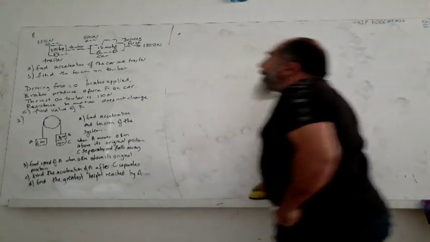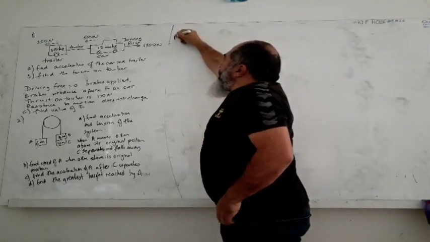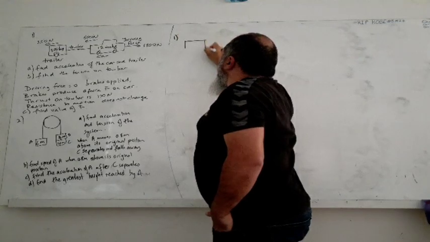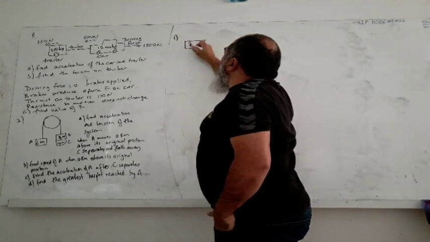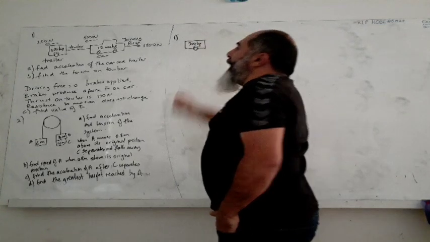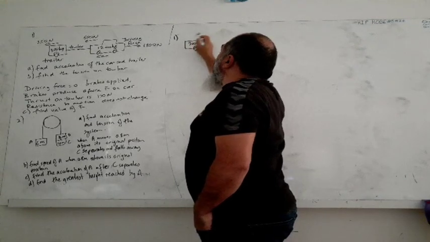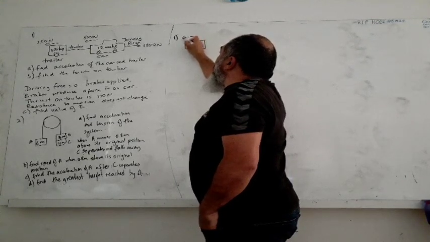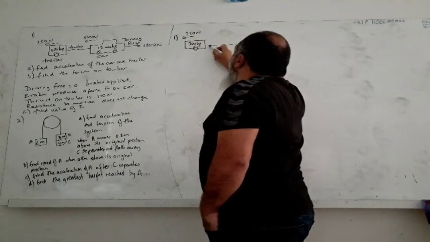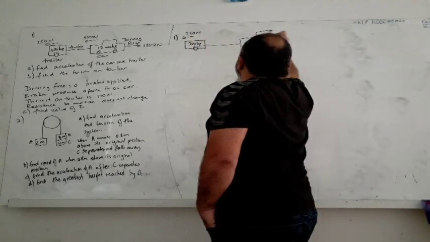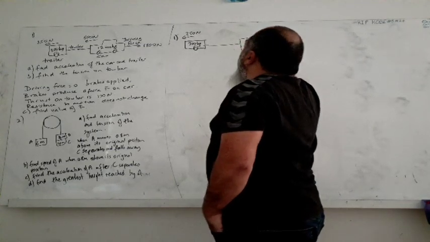Let's redraw the diagram for example 1. Here we have a trailer of mass 300 kilograms, and the friction force on the trailer is 250 newtons. We have a tow bar here. The car has a mass of 1200 kilograms.